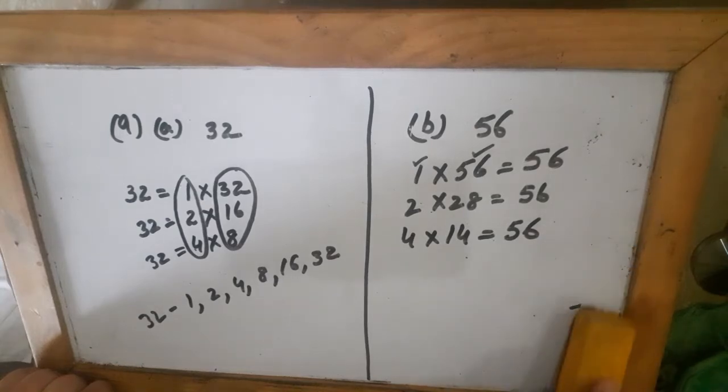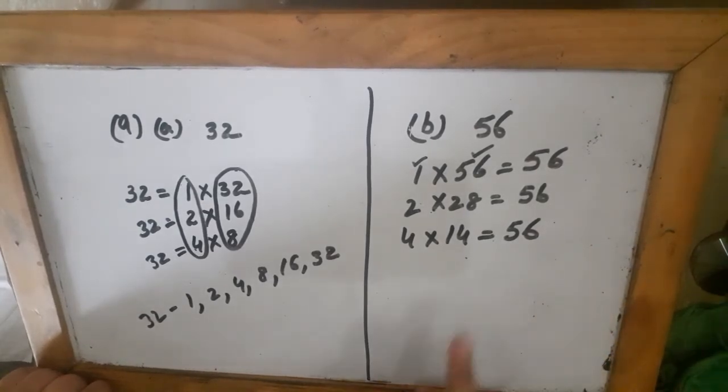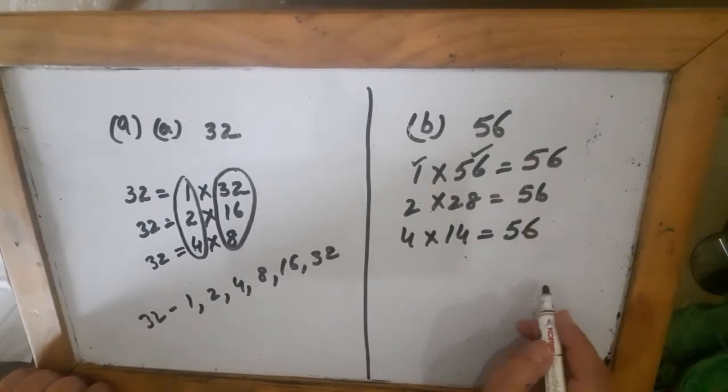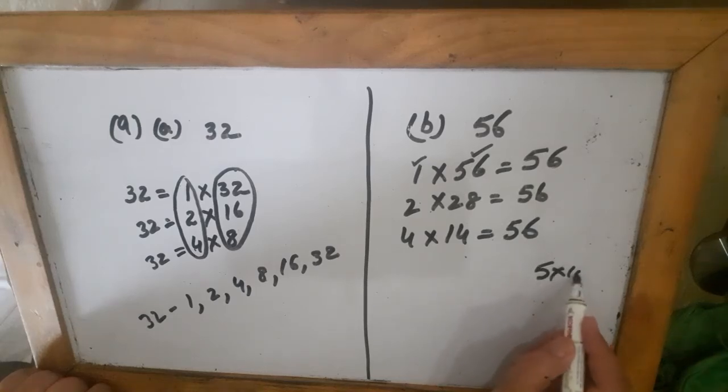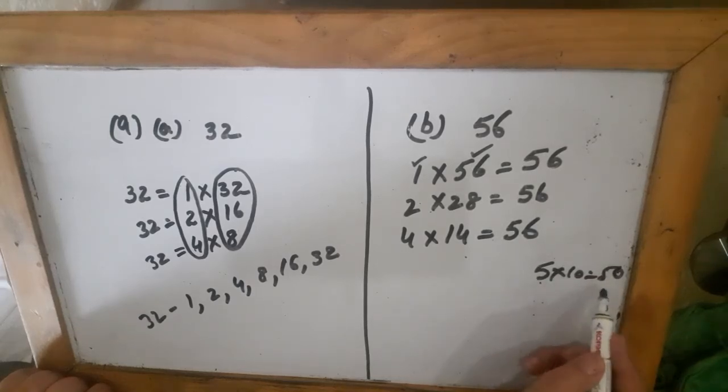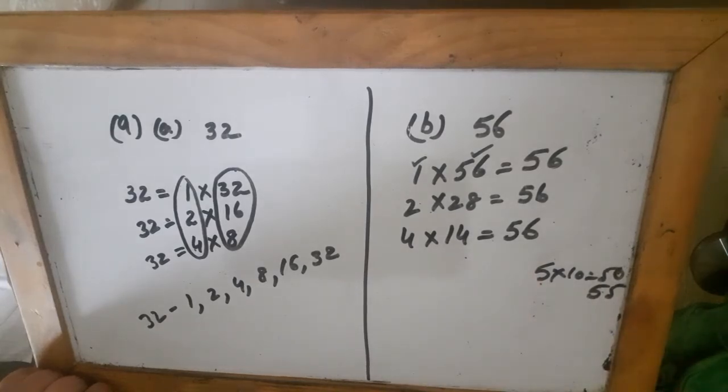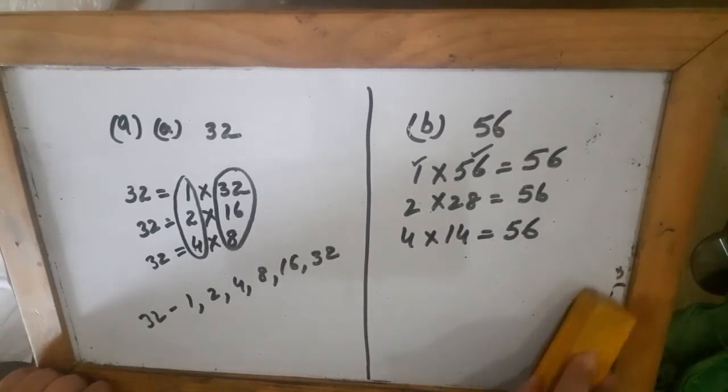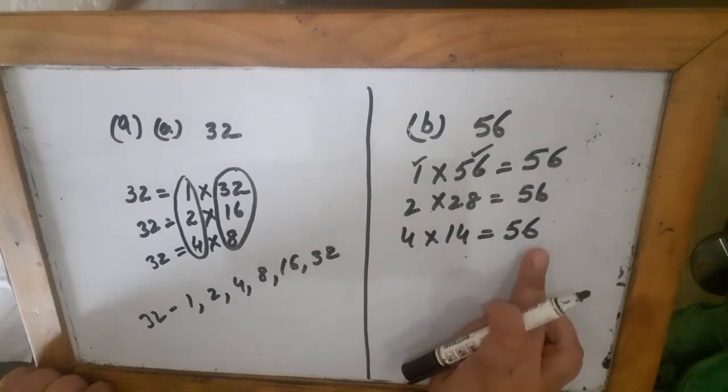Now the table of 5? No, because 5 10s is 50 and 5 11s is 55. On the table of 6, no, 6 9s is 54 and 6 10s is 60.